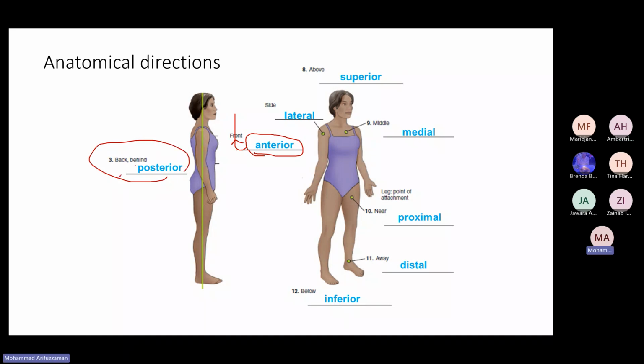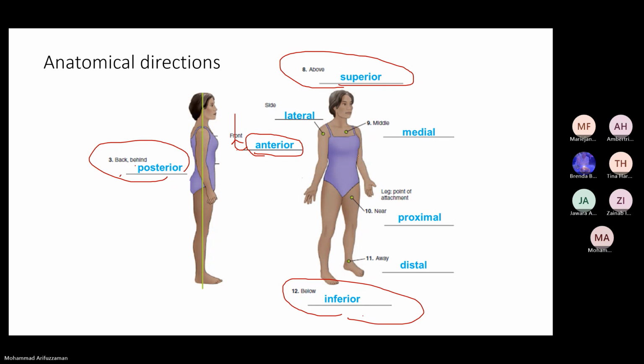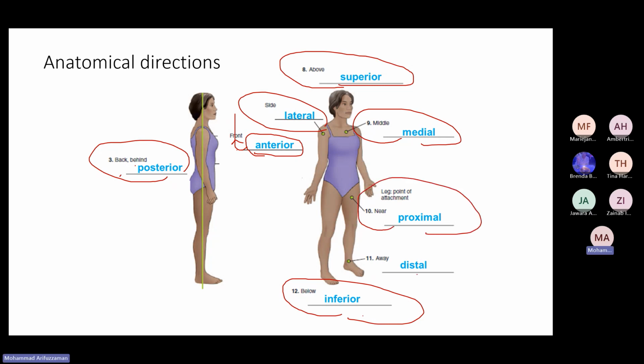Superior is above. Inferior is below. Medial is toward the middle, and lateral is toward the side. Proximal means near, and distal means away. So these are the anatomical directions. Okay.